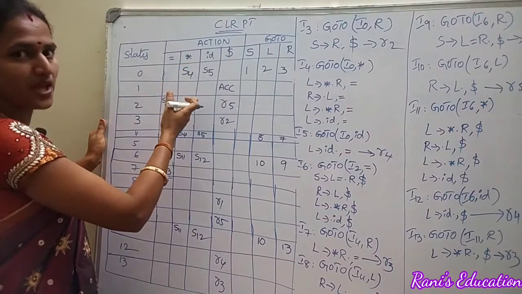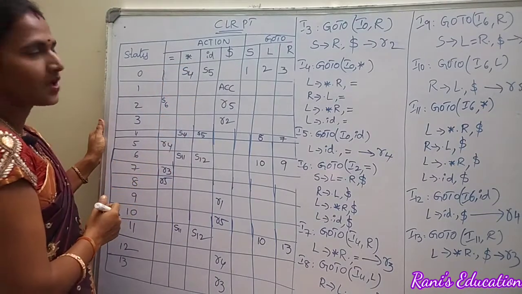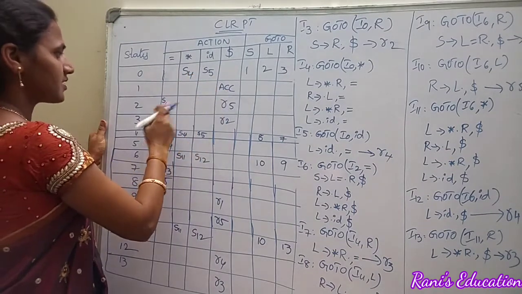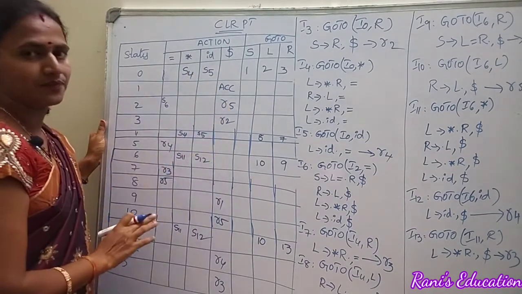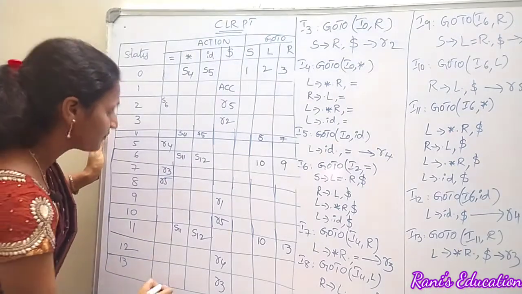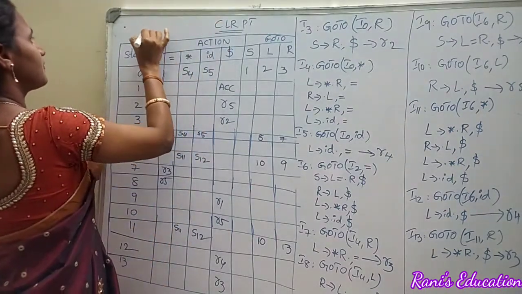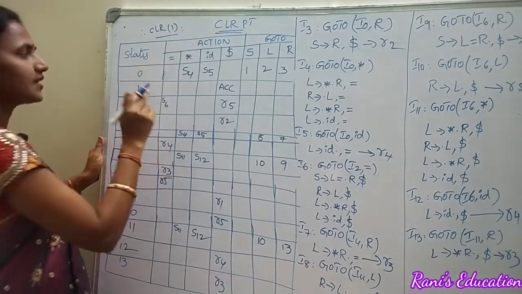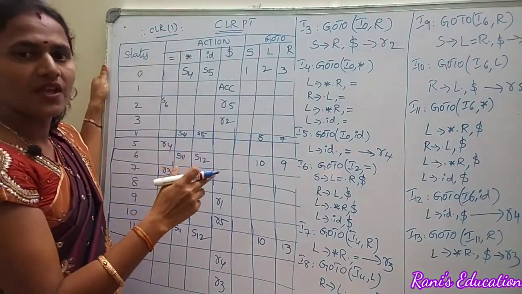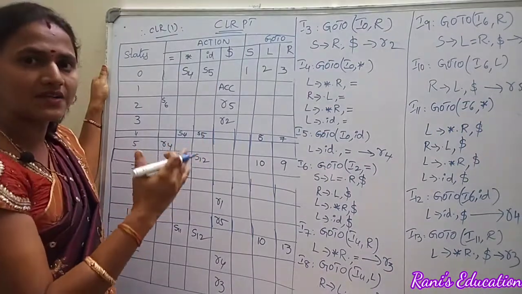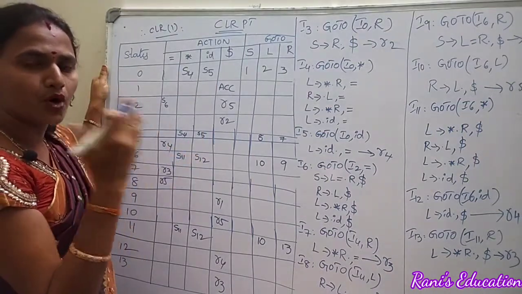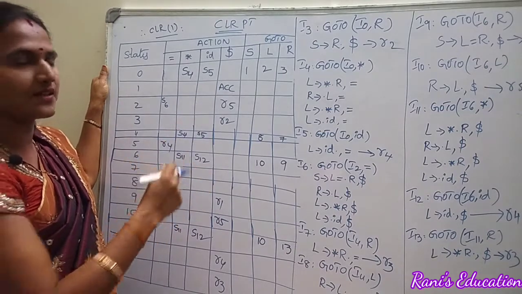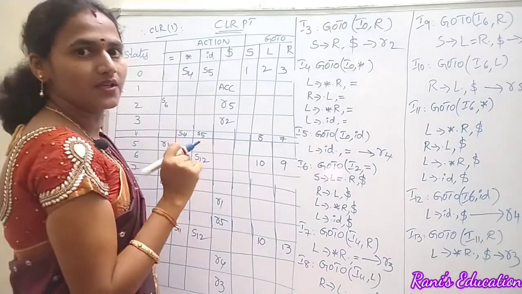No, we don't have such types of actions here, because here we got only shift, accept, shift and reduce. So therefore the given grammar is CLR1. In the parsing table, if none of the terminals contain more than one action, then we can say that it is a CLR1 grammar.